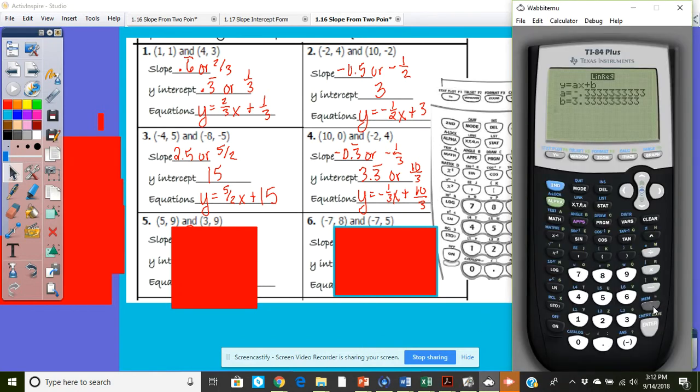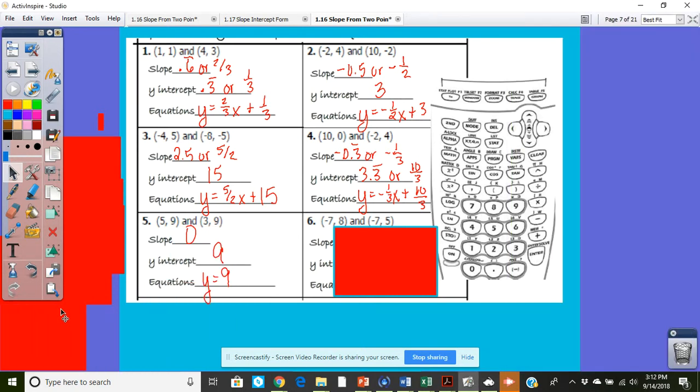All right, 2 more. So stat. My x's on number 5 are 5 and 3. My y's are 9 and 9. So stat, over to calculate, 4, and then down to calculate. We get a equals 0 and b equals 9.